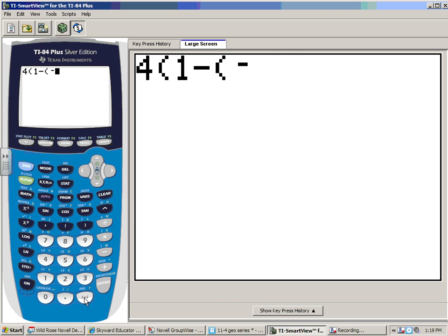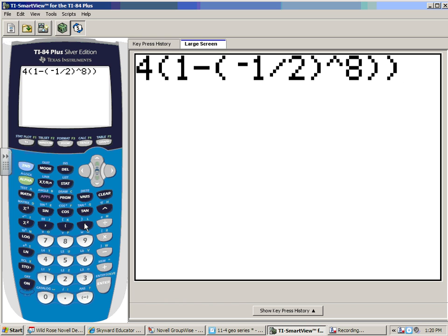Okay, so negative 1 divided by 2. Should I put a parenthesis now? Yep. Because now it's going to take that entire negative 1/2 and take it to a power with the caret key. And what power did we want again? 8th power. Close it off. All right. I think that'll be fine.